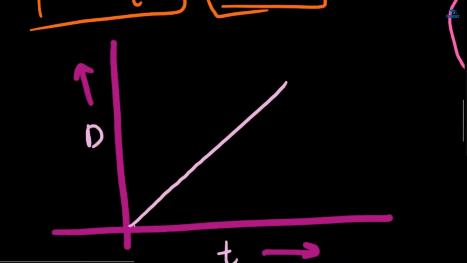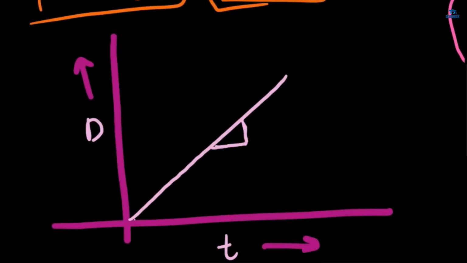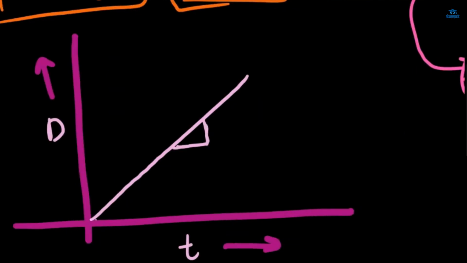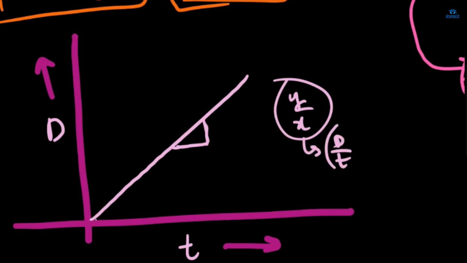Now, if we calculate its slope, then what will we get? Slope means y by x. Y by x means this d by t. D by t means what? D by t is speed. We'll get speed, no?